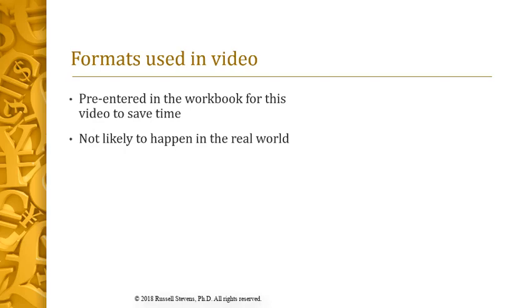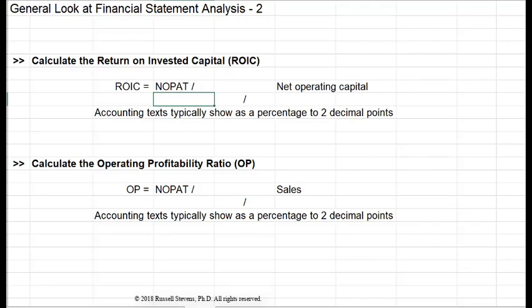So let's get started. The first metric which will be examined is Return on Invested Capital, ROIC. The first number needed is the NOPAT, the Net Operating Profit After Taxes. The instructions for completing the NOPAT was in a prior video. However, you can take my word for the fact that the NOPAT is $3,894,000.